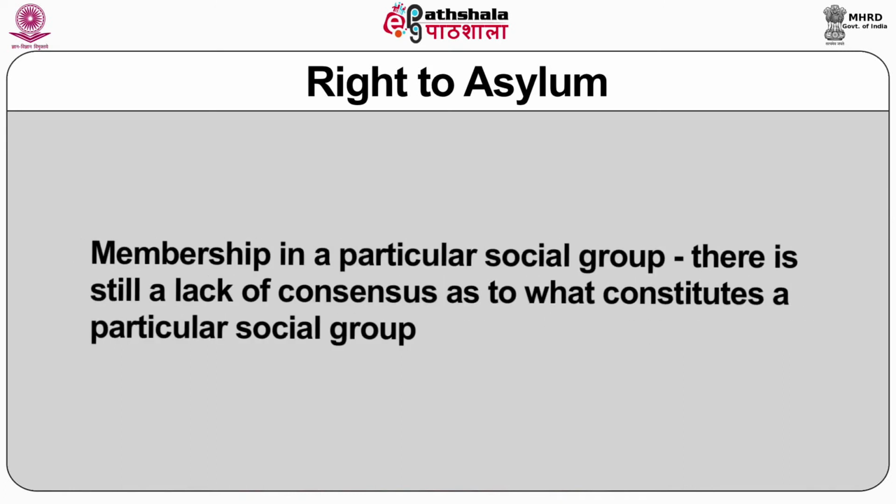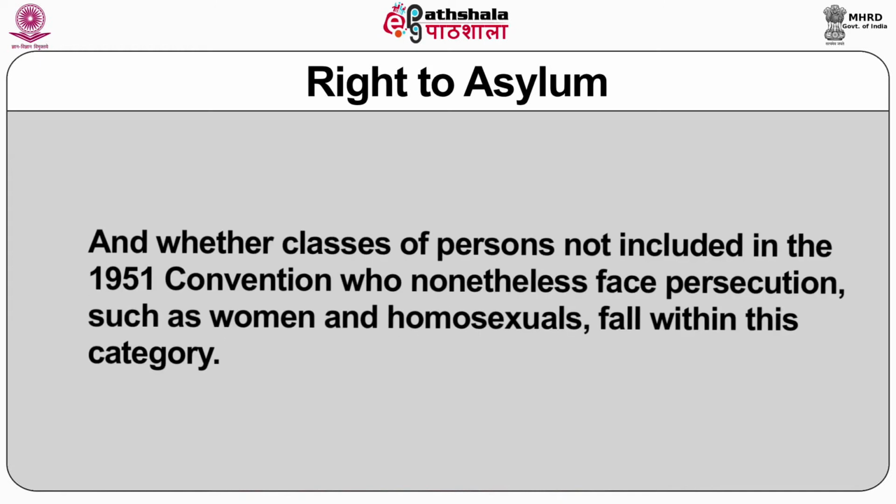Regarding membership in a particular social group, there is still a lack of consensus as to what constitutes a particular social group, and whether classes of persons not included in the 1951 Convention who nonetheless face persecution, such as women and homosexuals, fall within this category.